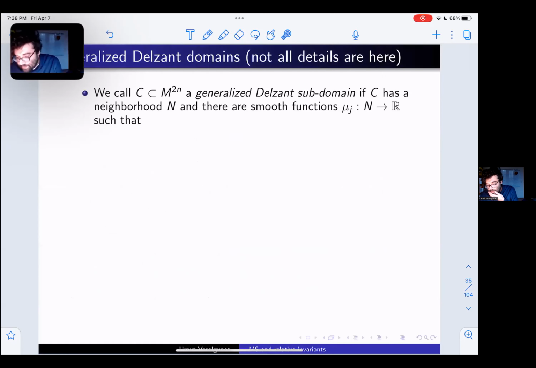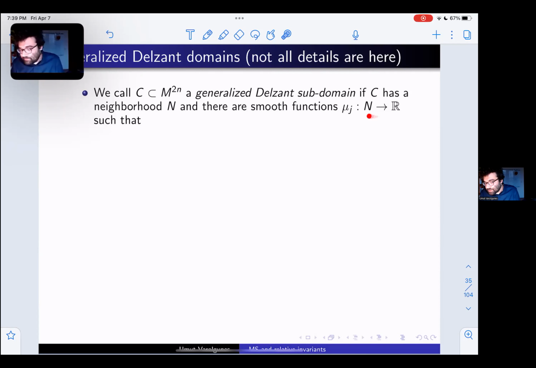Okay, so now let me quickly say what these chambers that I was telling you are, in some kind of way of making this notion rigorous. So I'm calling these chambers generalized Delzant domains. So these are just subsets of my symplectic manifold, and they're just going to be codimension 0 submanifolds with corners.